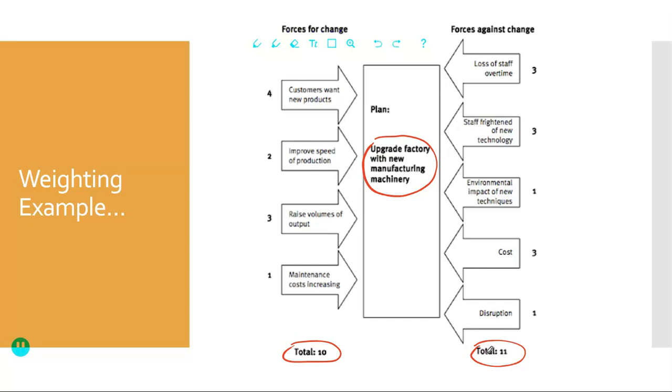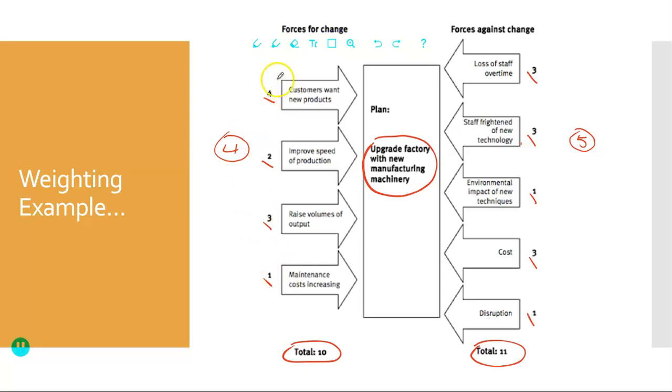Now you might notice there are 5 restraining forces and 4 driving forces, but they've also given them a weighting, in this case, a number, not a percentage. And you can see here that the restraining forces, in fact, is winning 11 to 10. Success is going to be very hard and potentially not very successful.